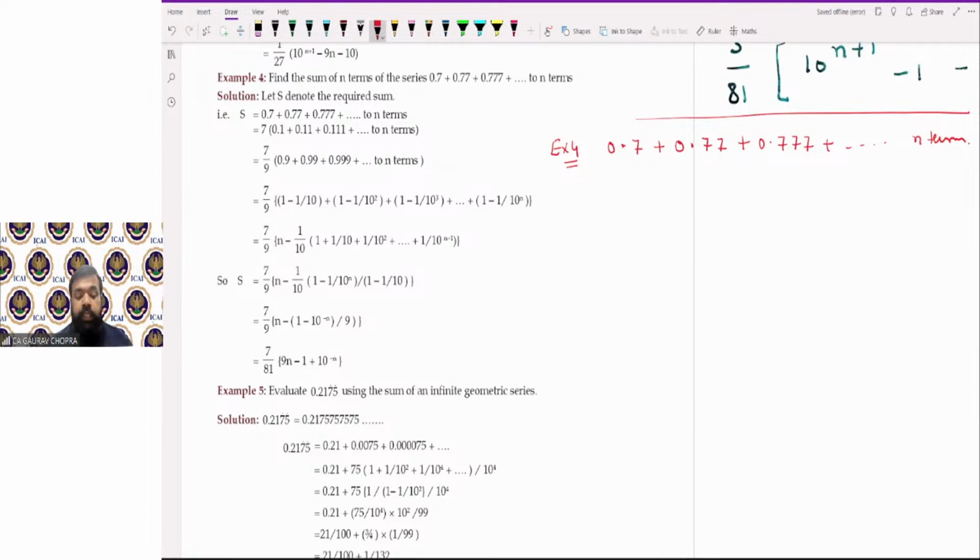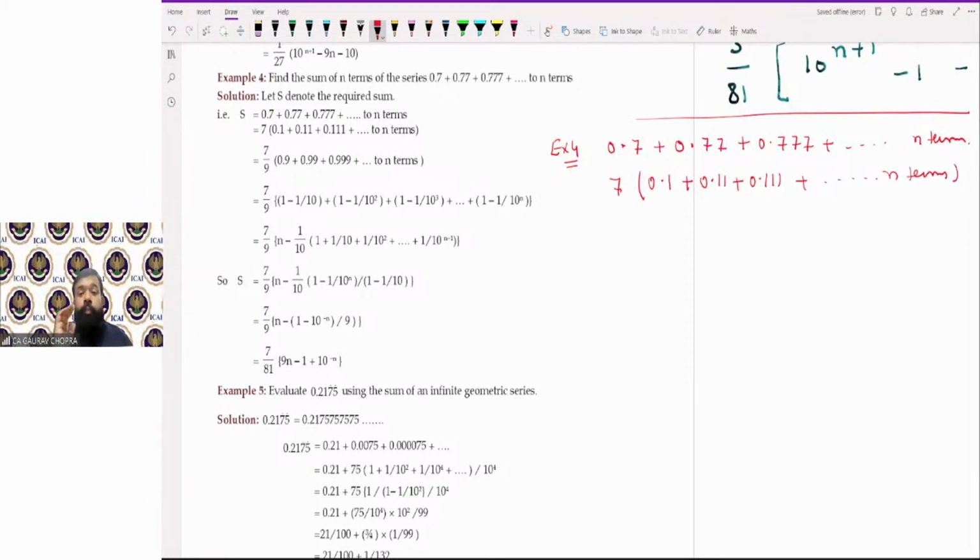Now you can take 7 as common. 7 आपने कॉमन लिया तो पीछे क्या बचेगा, 0.1, 0.11, 0.111 up to n terms.